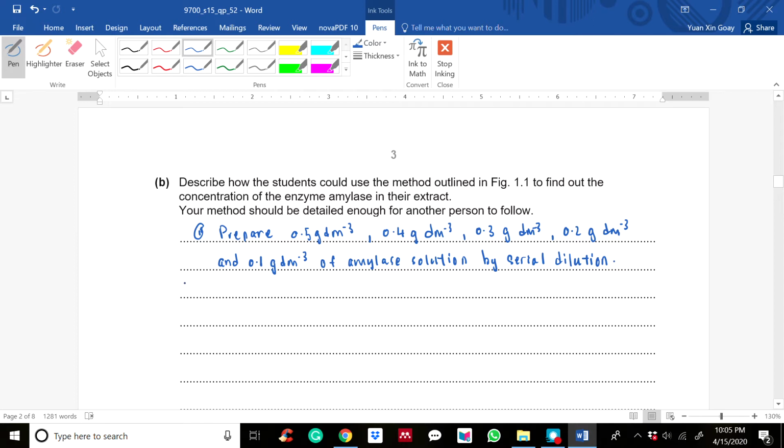And you also need to include a control tube. In this case, for the control tube you can either use a boiled enzyme solution or use 0.0 gram per decimeter cube of amylase solution as control.